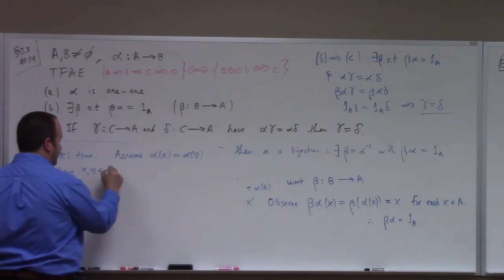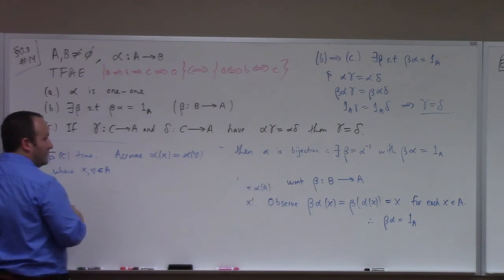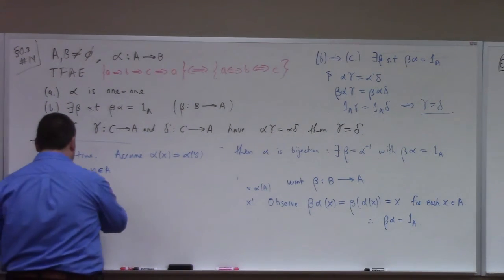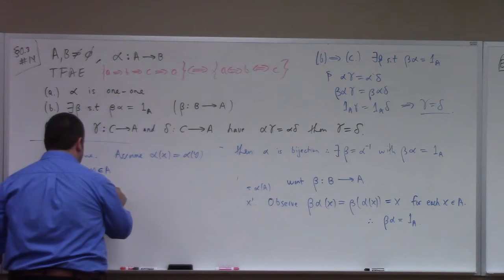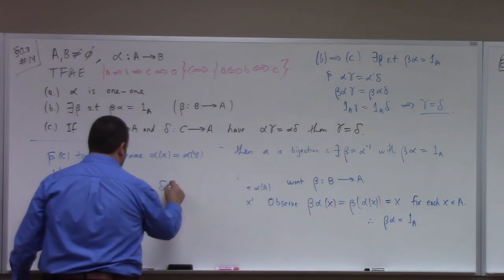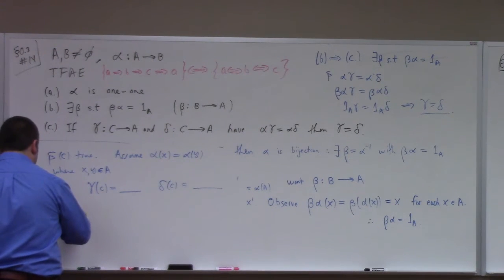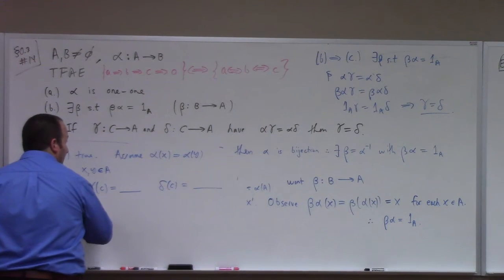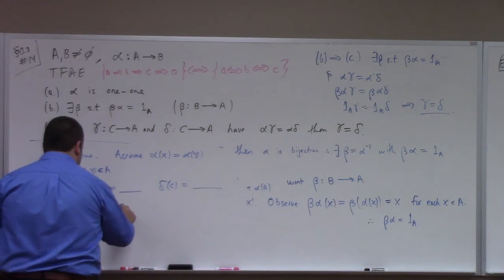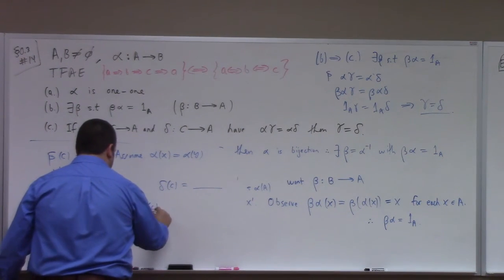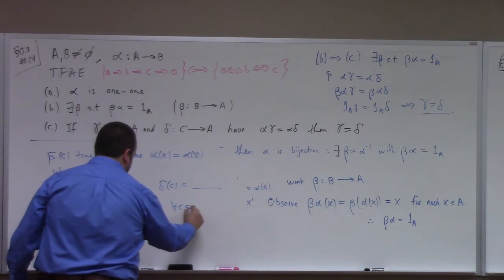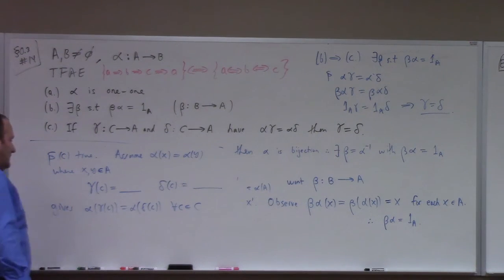They're in A, right? So you guys tell me. Gamma of c equals blank. Delta of c equals blank gives alpha of gamma of c equal to alpha of delta of c for all c in C. What can I fill in the blanks with to make this so? There's really only one choice.